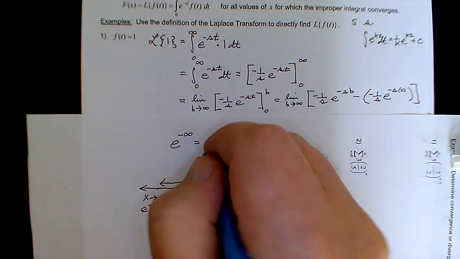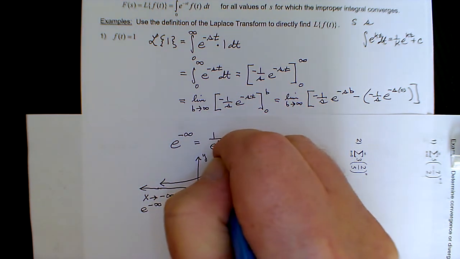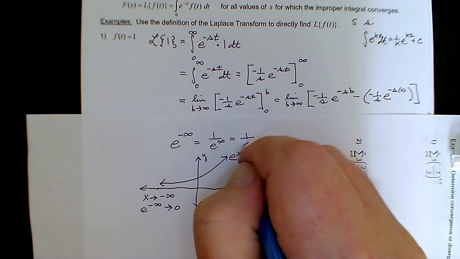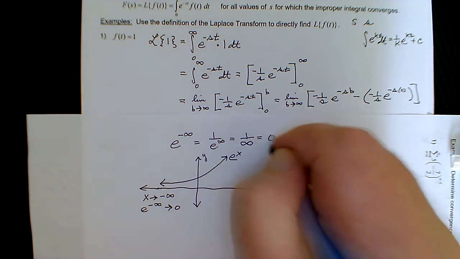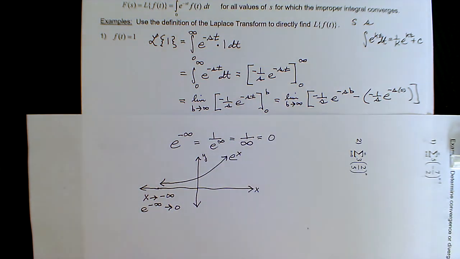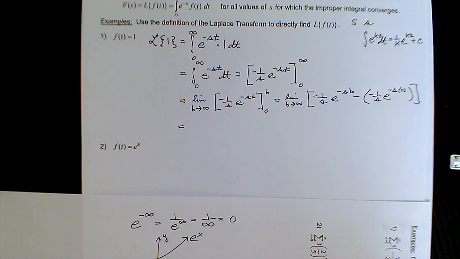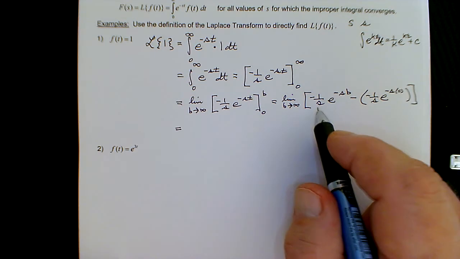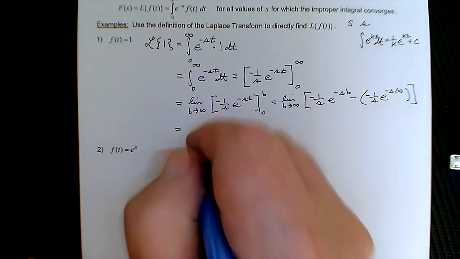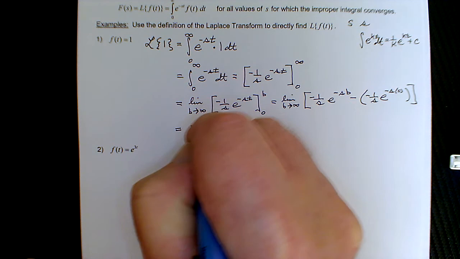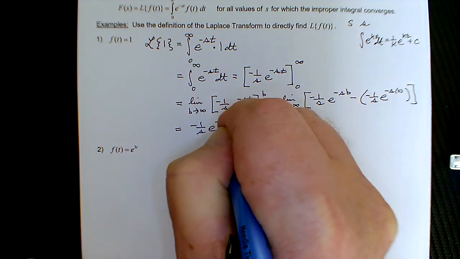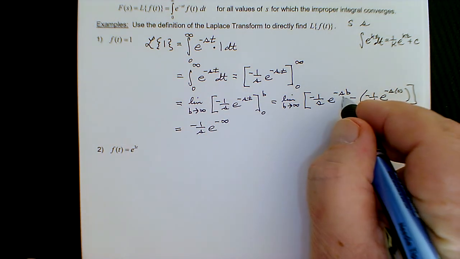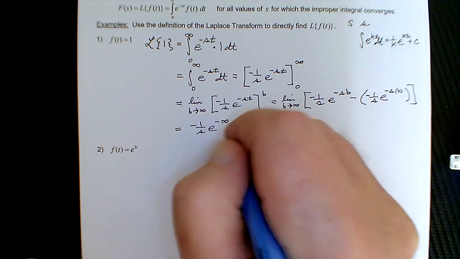Or you could think of e to the negative infinity as 1 over e to the infinity. And then 1 over e to the infinity is essentially 1 over infinity, and division by infinity in a limiting sense gives us 0. So you could either say by inspection that this goes to 0, or you could say negative 1 over s e to the negative infinity, and at that point, we're assuming that s is a number greater than 0.